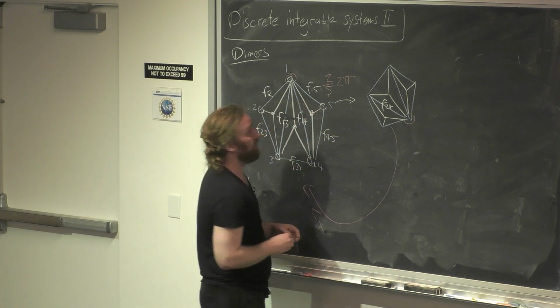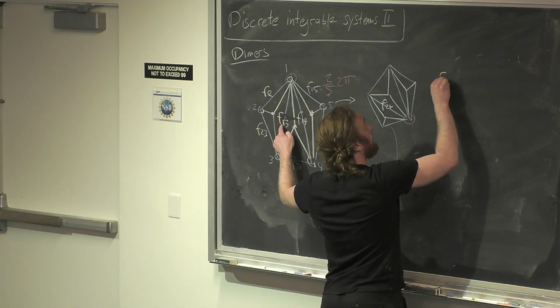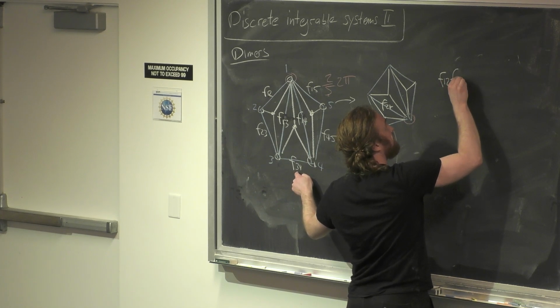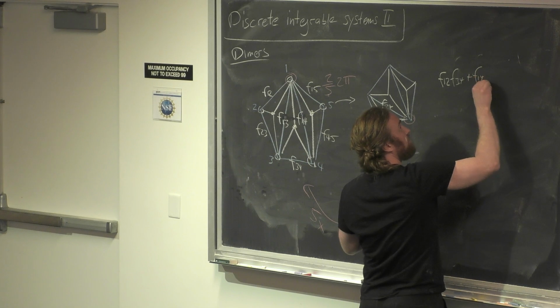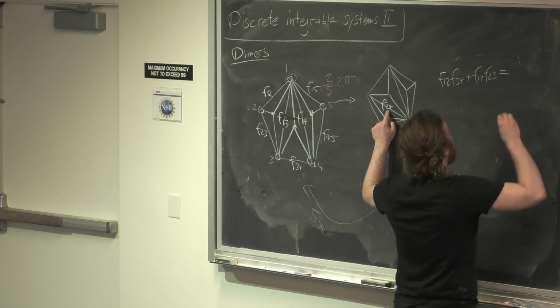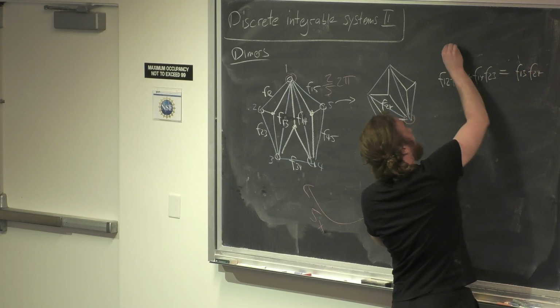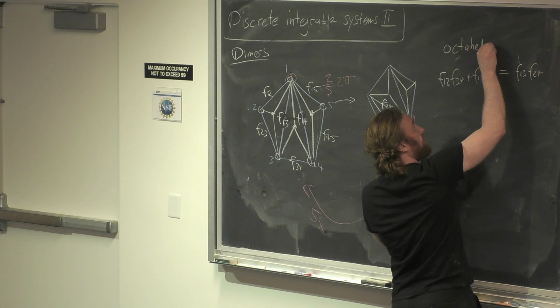But now I can write down the octahedron recurrence. It's this one times this one plus this one times this one, supposed to equal before and after. And it's called the octahedron recurrence.